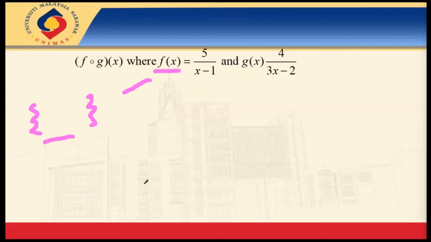To find this domain, actually we need to find the range of g of x, because the range, the output of this function, will become the input to this one, right?